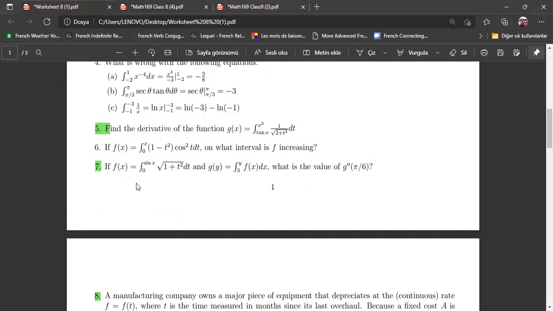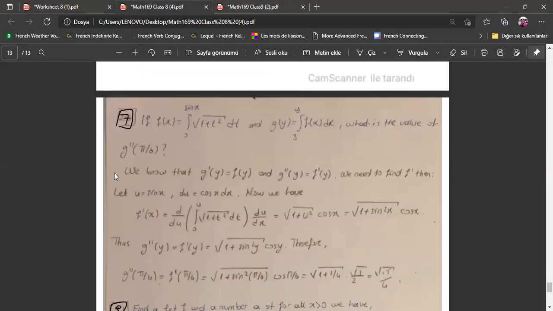Now we have this. So f of x is given by this integral, g of y is given by this. We need to find g double prime of pi over 6. So we're given this function, right? So what's the first derivative? Let's find out what we need.